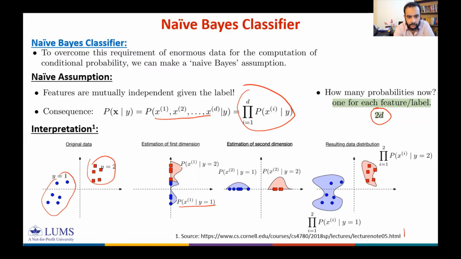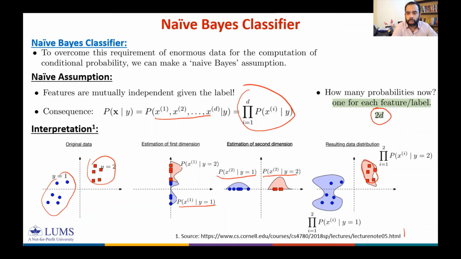This is the probability of the second feature x2 given y is equal to 2, and of x2 given y is equal to 1. Then we simply multiply these 2 density functions, these 2 distributions, to obtain this joint distribution, which assumes that the features are independent.